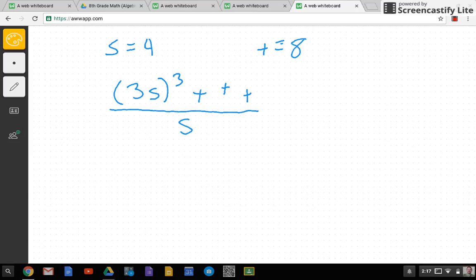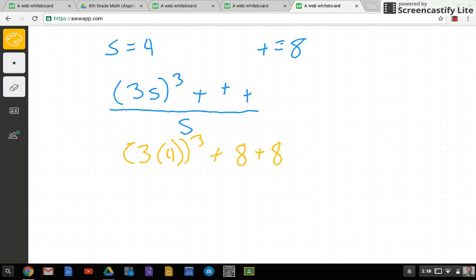So it's throwing in the variable values. So it's 3 times 4. I'm going to put the 4 just like that. And so that's inside that parentheses. All that is going to be cubed, times 8 plus 8. Oops, I put an extra plus sign that does not need to be there.